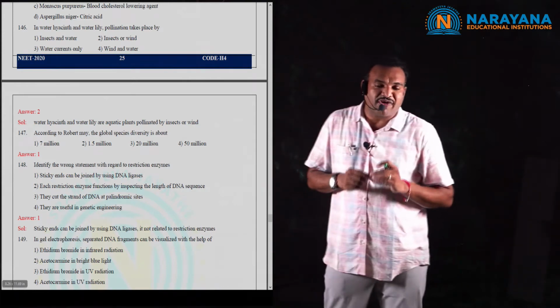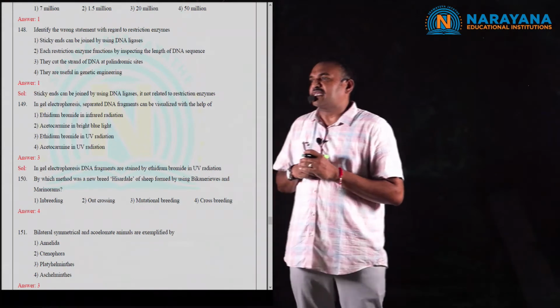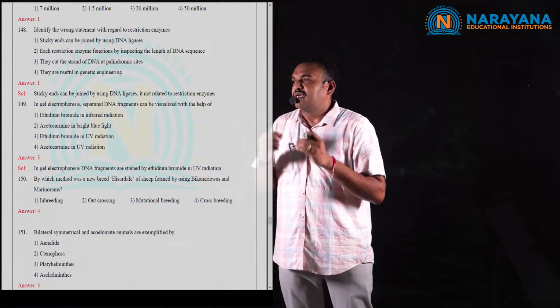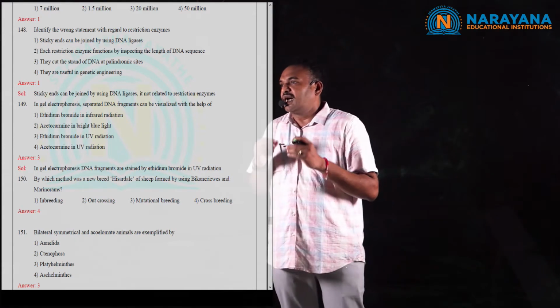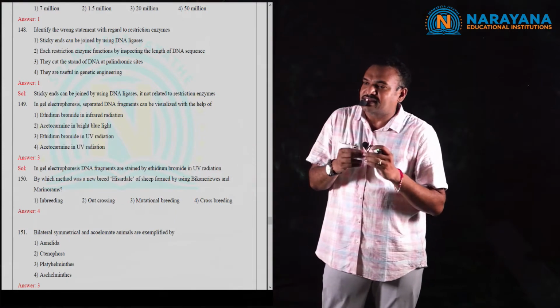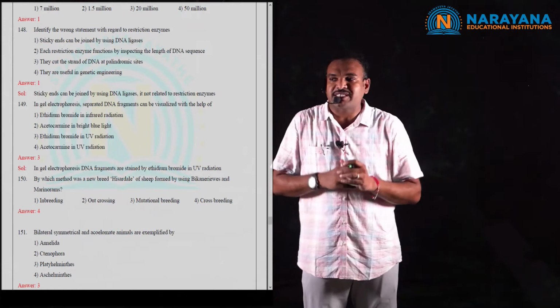And question number 148. If you observe question number 148, identify the wrong statement with regard to restriction enzymes. First option, sticky ends can be joined by using DNA ligase. Yes, DNA ligase is useful for joining of DNA fragments, no doubt at all.